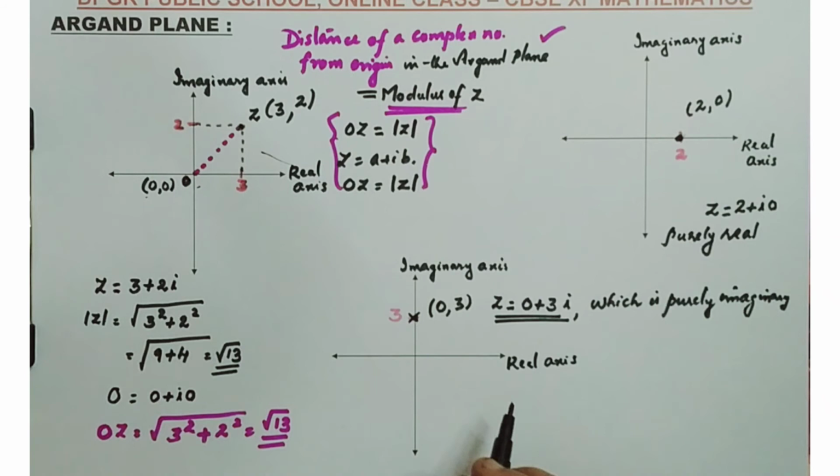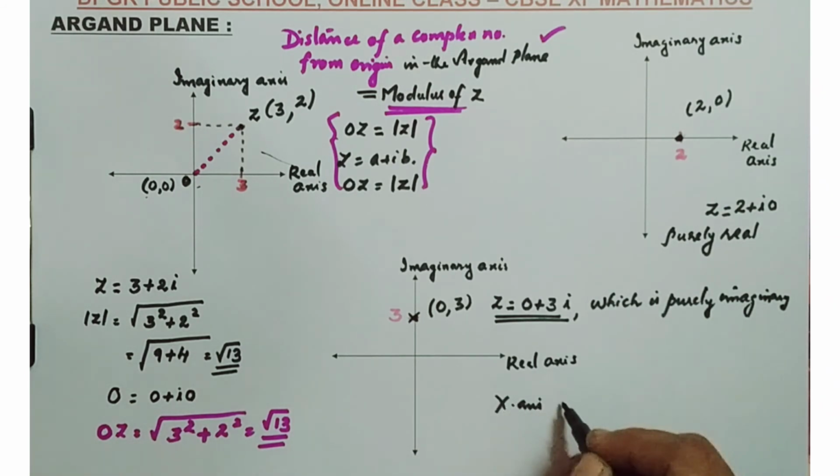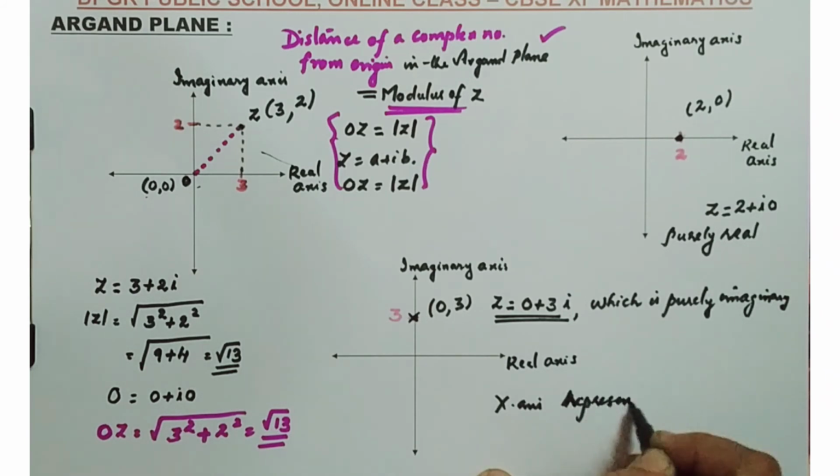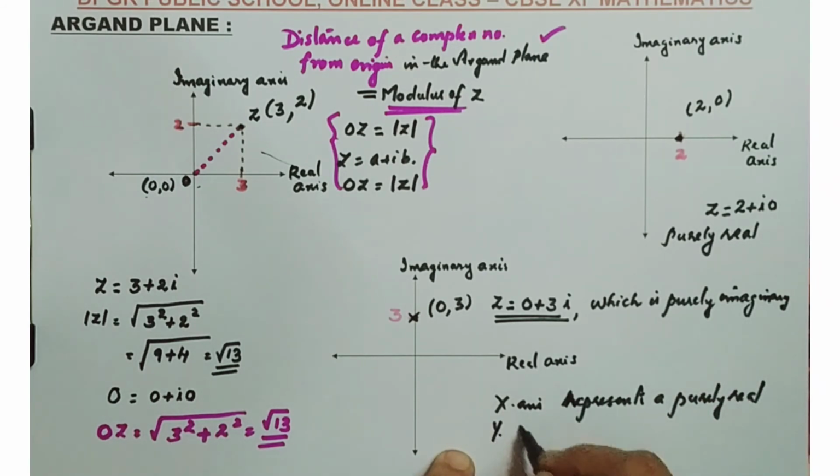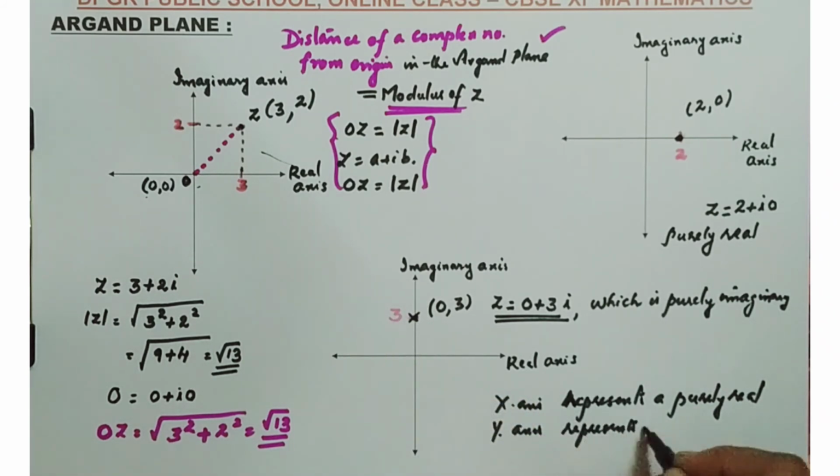So from this you can say that every point on the x-axis represents a purely real complex number, and each and every point on the y-axis represents a purely imaginary complex number. So remember these points about the Argand plane.